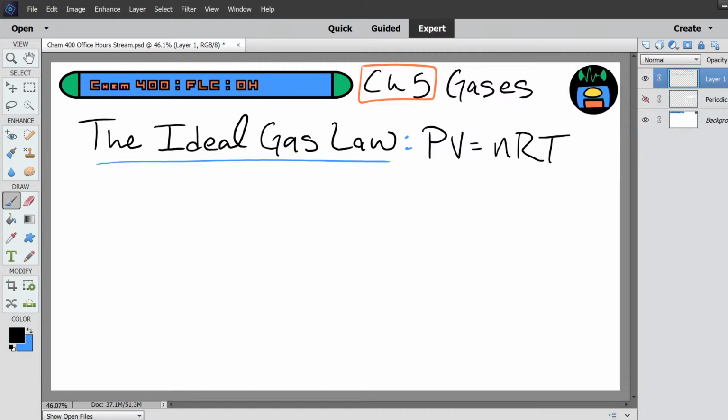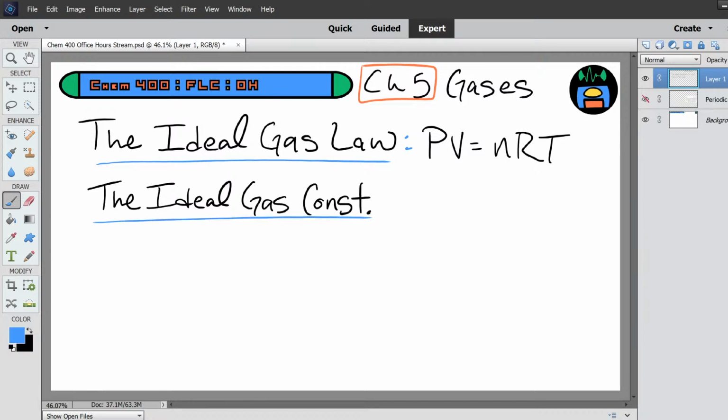All right, and just by way of review, the ideal gas constant is represented by the symbol R, and R is equal to 0.08206.